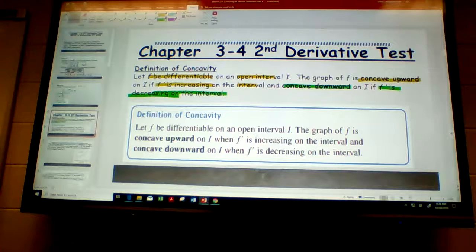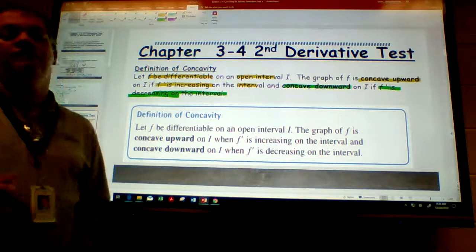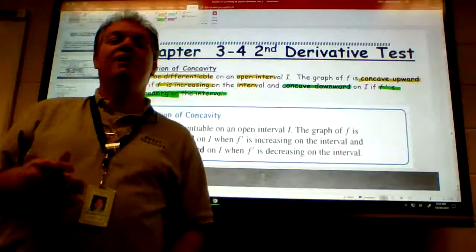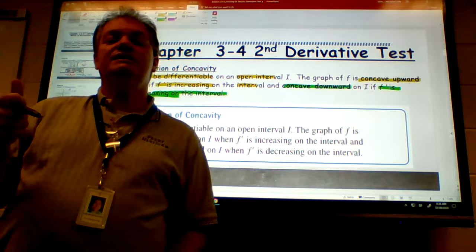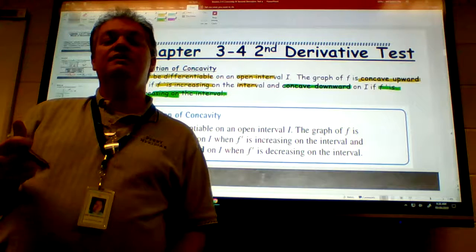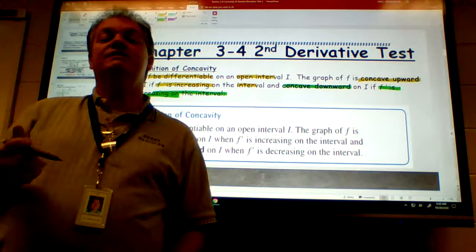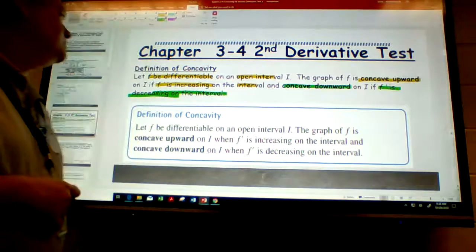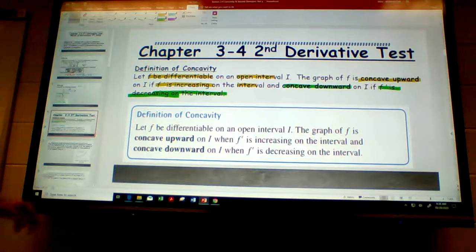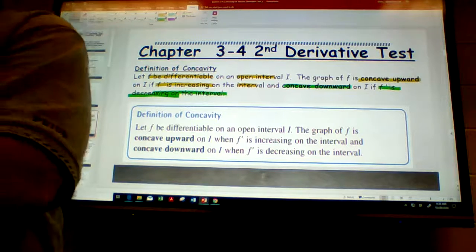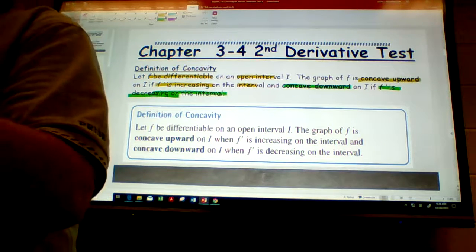And it says the same thing down here. I just have it worded a little bit differently up here. So if f prime is increasing, then that means it's concave upward. If f prime is decreasing, then it's concave downward. All right, let me let you absorb that for a minute.